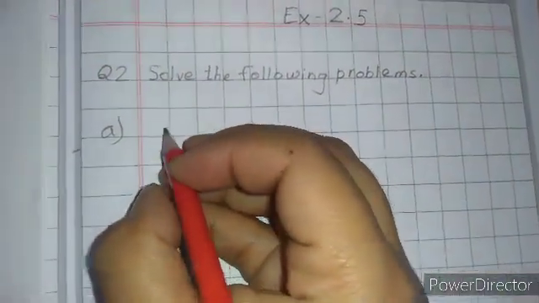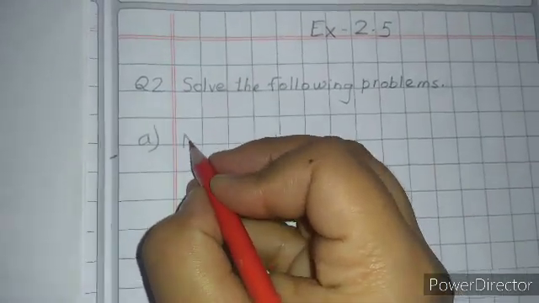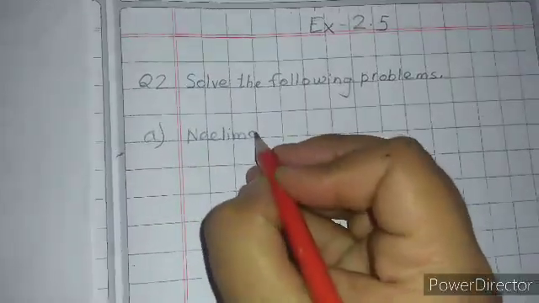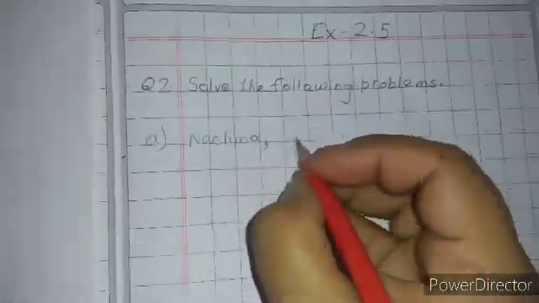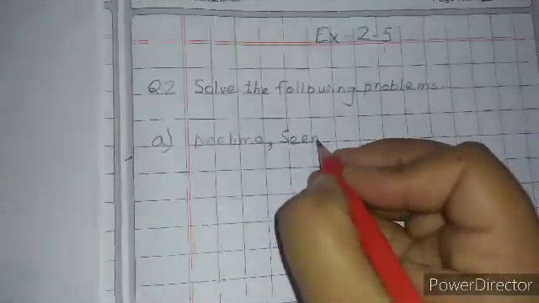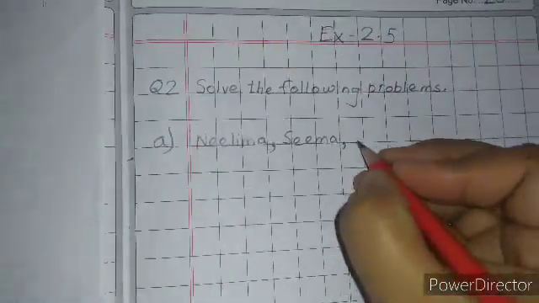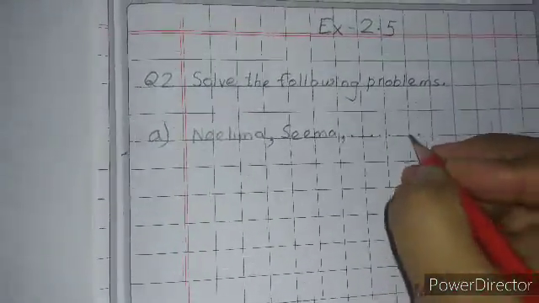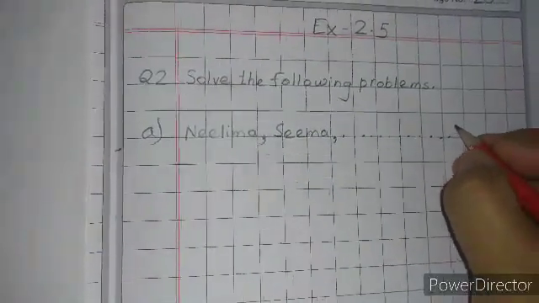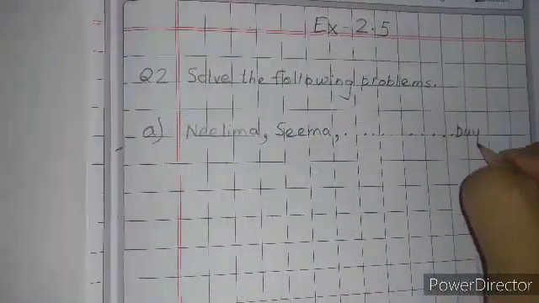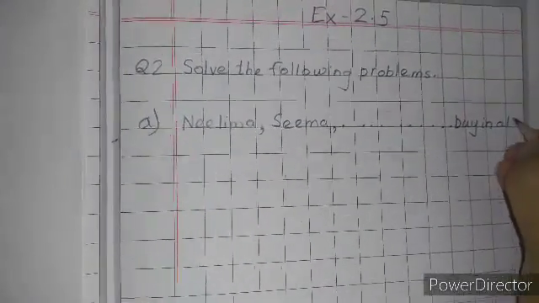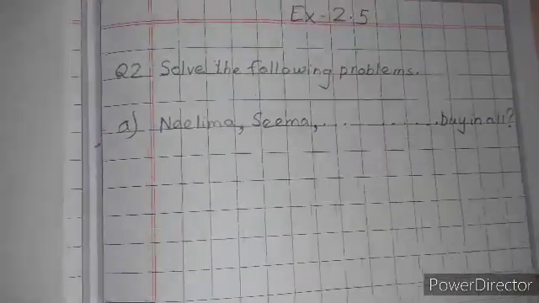So in notebook, we will not write the full question. We have to write the question like this: Nilima, comma, Seema, comma, and then dot dot dot dot you have to put till here, and in last you will write bought in all, question mark.